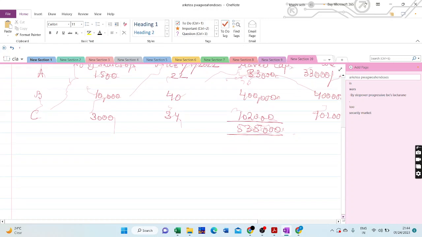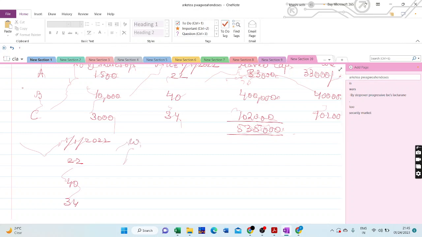So we have the prices on 1st January 2022, which were 22, 40, 34. And we have the weights. Weight of stock A was 6.17, weight of stock B was 74.76, weight of stock C was 19.06.